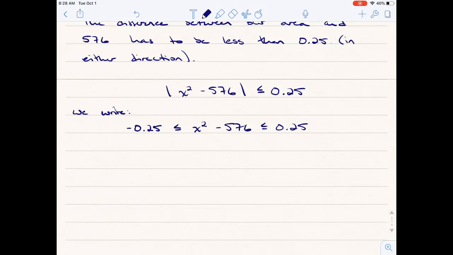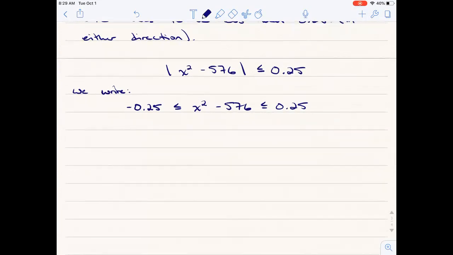A little note about inequalities is that as long as you're not multiplying or dividing by a negative, you can treat it as an equal sign. I know no one likes inequalities, less than, greater than, blah, blah, blah, but we have to deal with them.